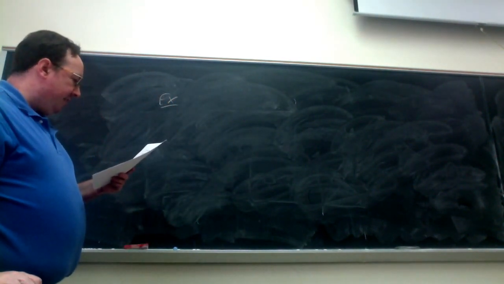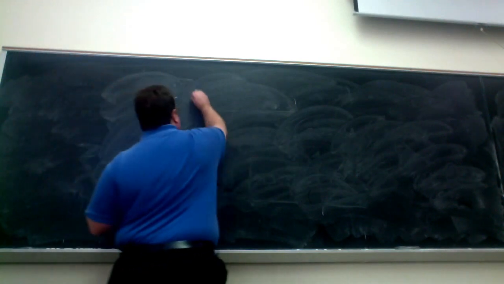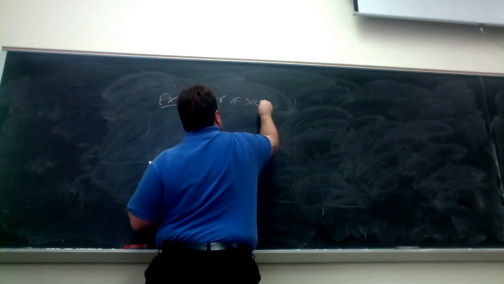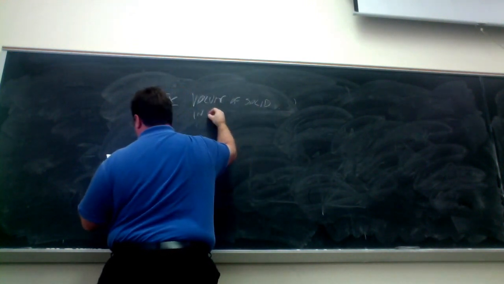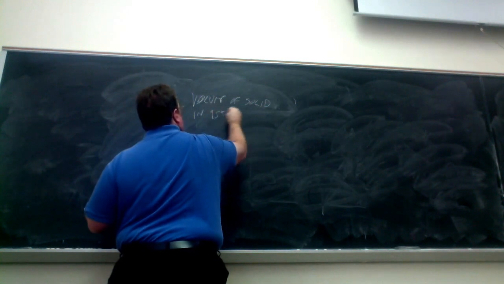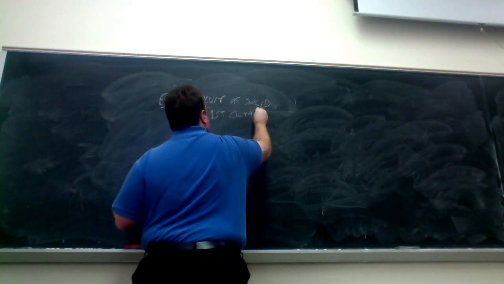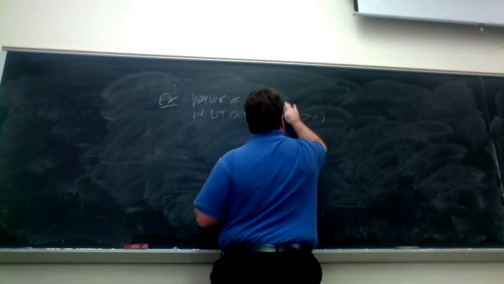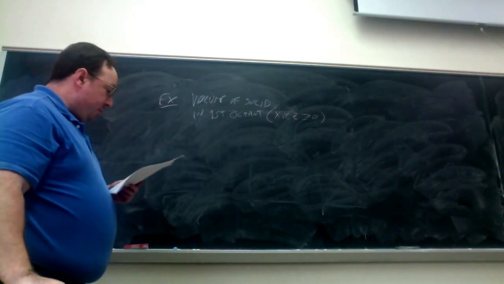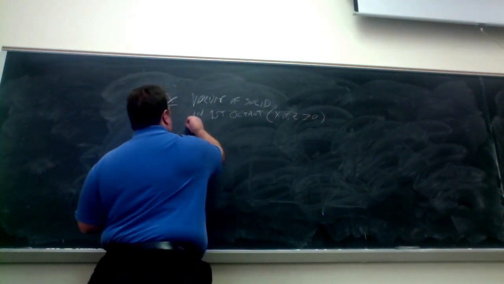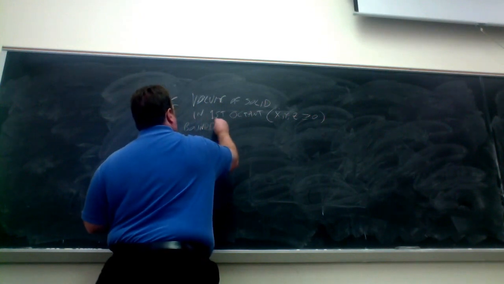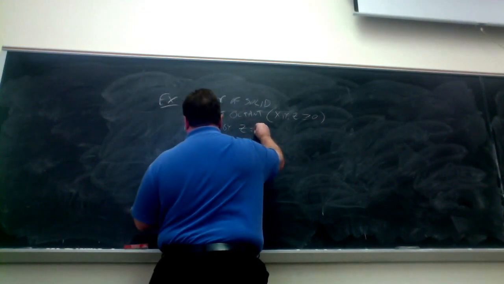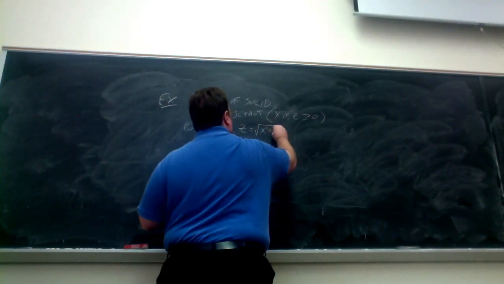Alright, for another, we have a volume problem. And this solid is in the first octant. So that's where x, y, z are all greater than or equal to 0. And it's bounded by this surface, z equals square root of x squared plus y squared.